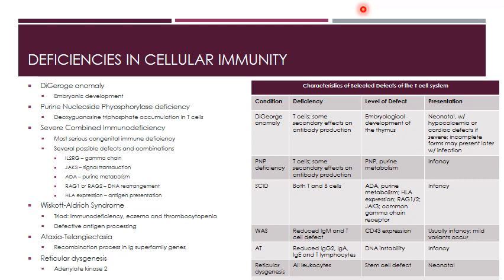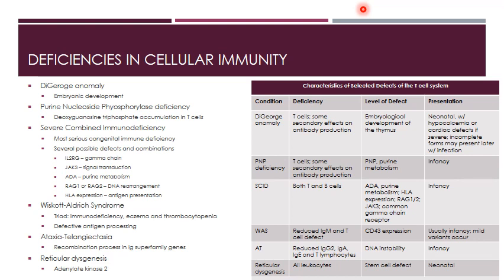Then we come to SCID, or severe combined immunodeficiencies. This is a group of disorders that share the same name, and it is considered the most serious of all the congenital immune deficiencies. These are a group of disorders that will affect both T and B cell function, but for different reasons.